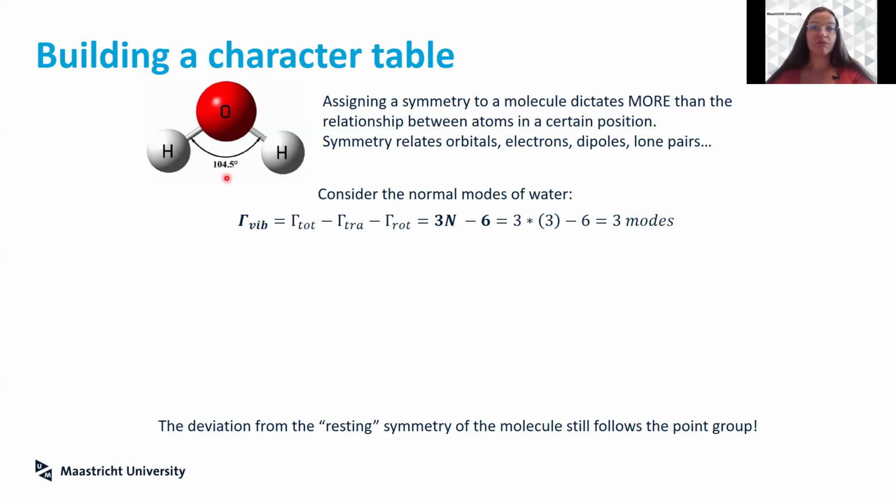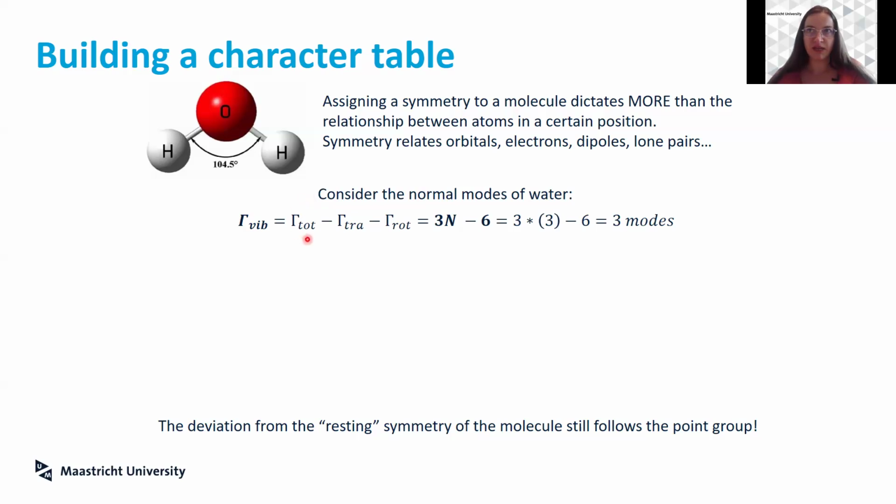So take water, which we know to be C2v, and we can identify the C2v based on a rotation and planes. We consider the normal modes. We can get the normal modes with the usual business that we've seen before.